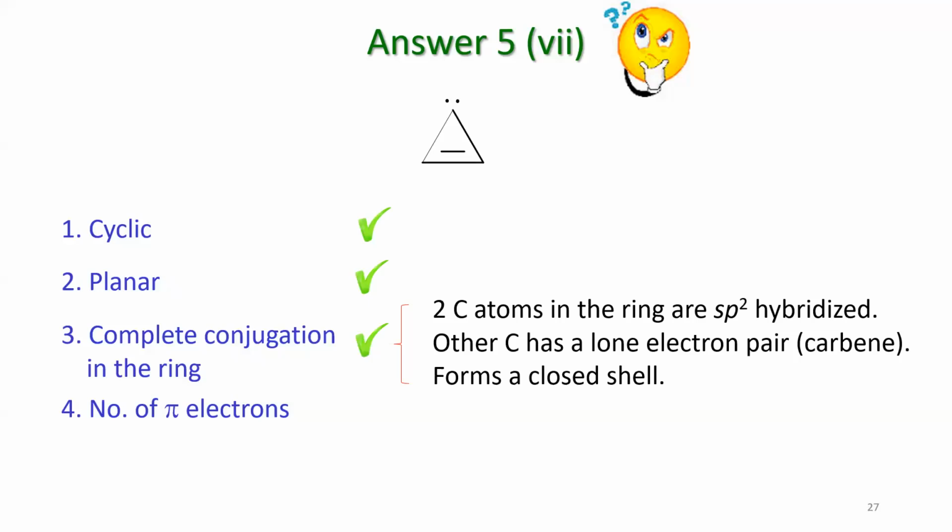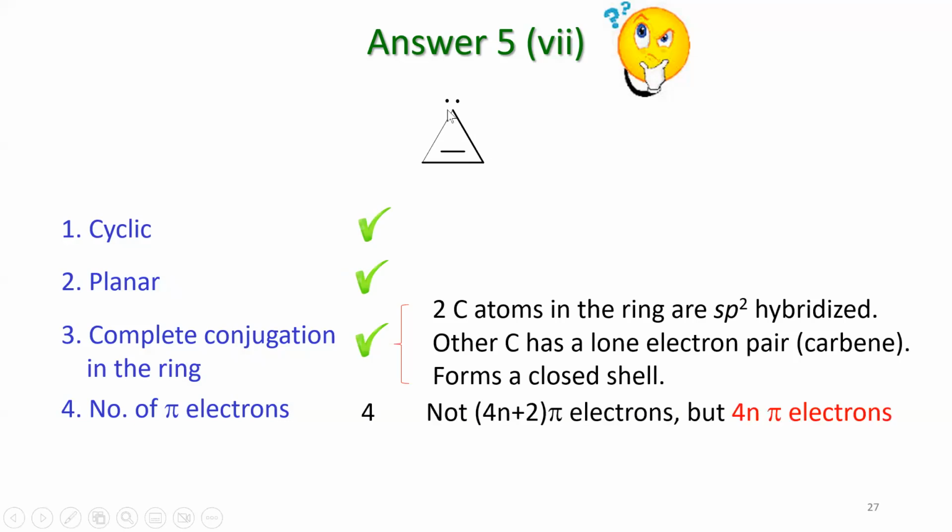And what is the number of pi electrons? 6? How do you get 6? Sorry, 4. One pi bond here, and a lone pair. So the total number of electrons in the closed ring, the number of electrons contributed to form the ring, is 4. 2 here, 2 here, right?